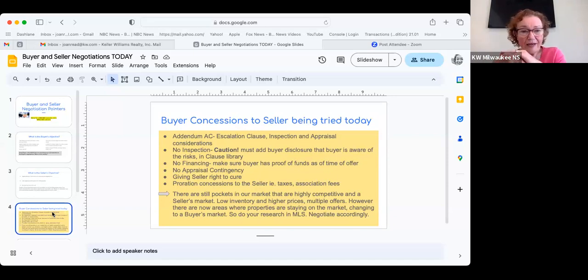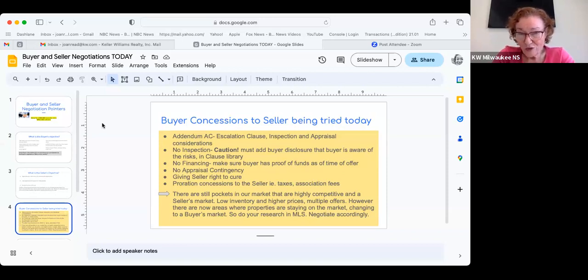Thank goodness the WRA finally put together a new addendum AC, which combines the escalation clause, the inspection forgiveness, and the appraisal gap. Those three paragraphs are there for your use in writing a good offer and attaching this addendum AC to your offer.